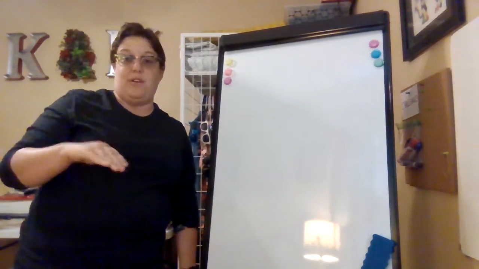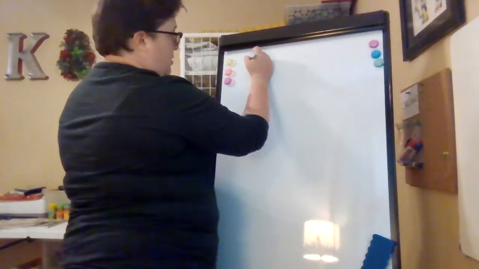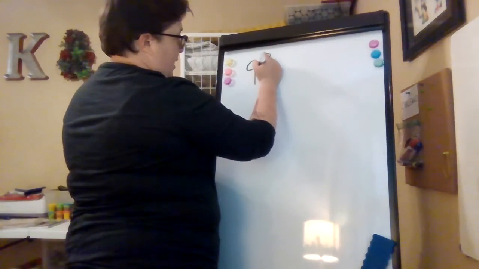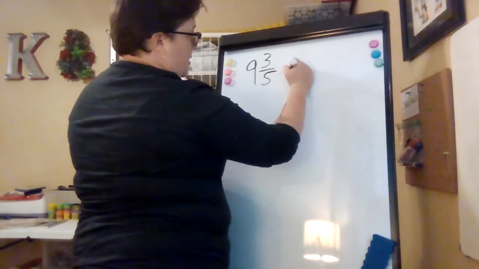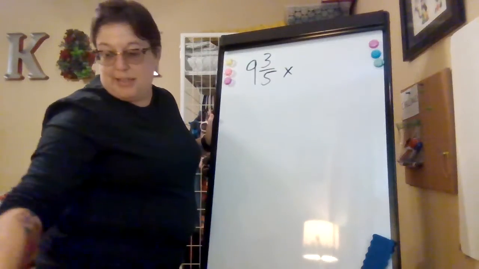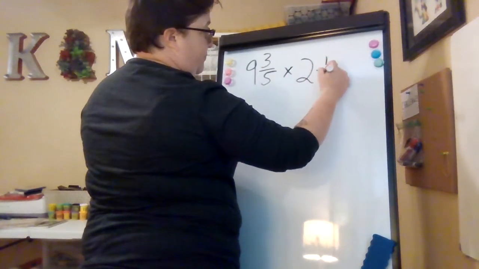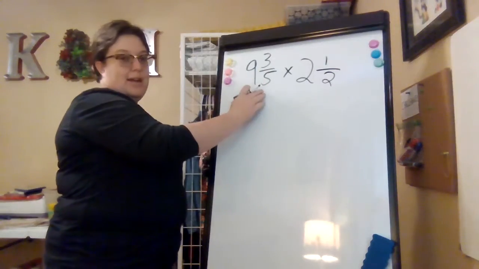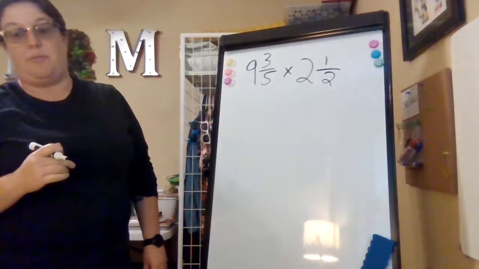It's 9 3/5 times the length. So our problem is 9 3/5 times 2.5, the 2.5-inch long model skateboard.